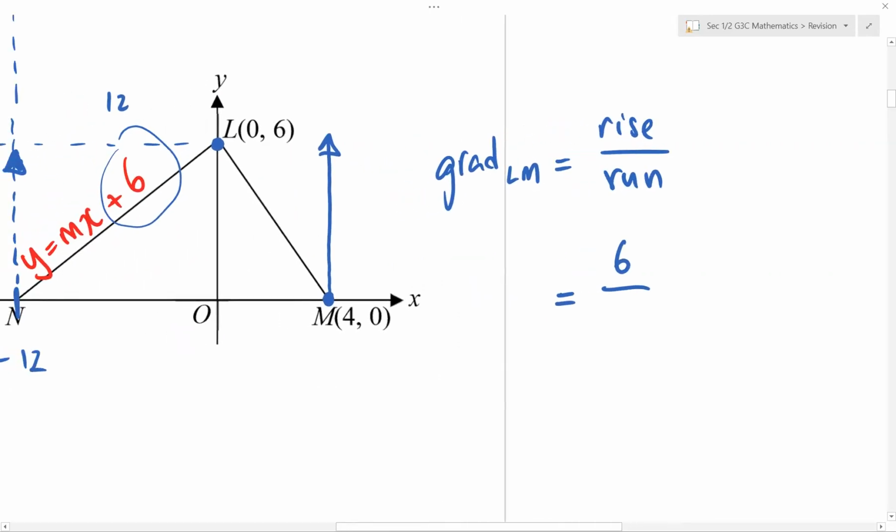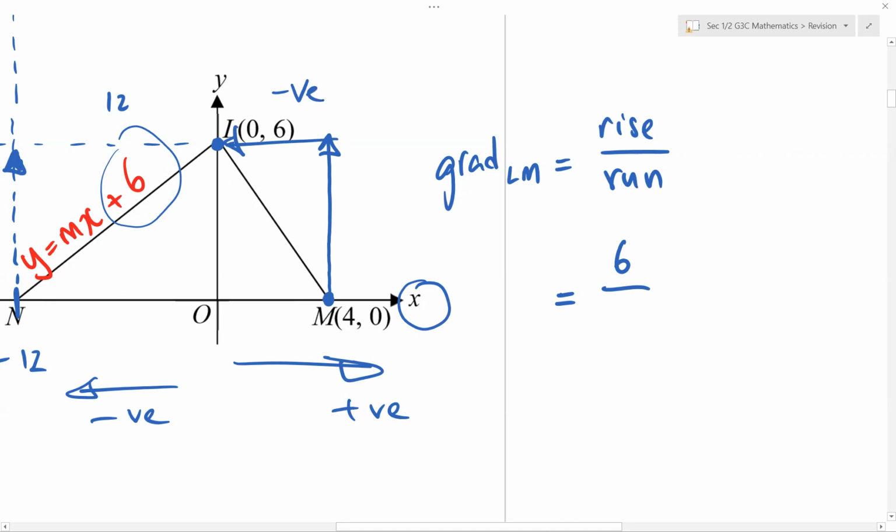It is negative. When you run to the left, it's negative. See, our x-axis tells us that all the values to the right are positive. To the left, negative. So we have 6 over -4, which is -3/2.